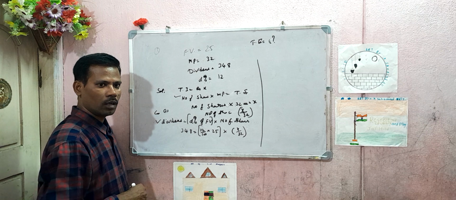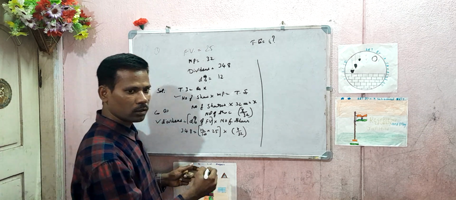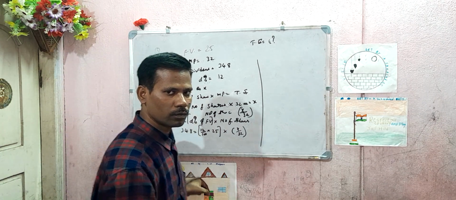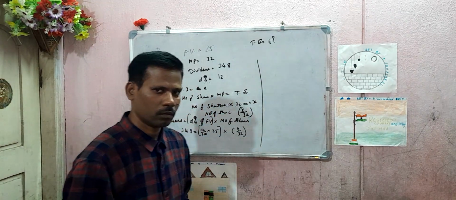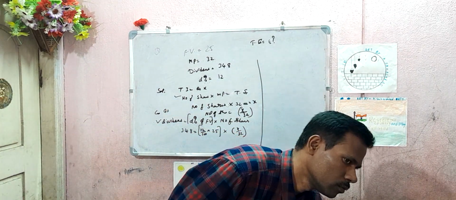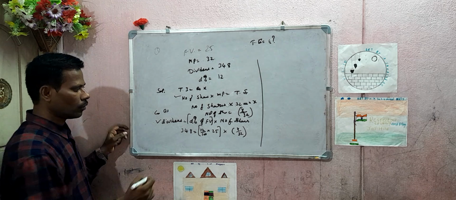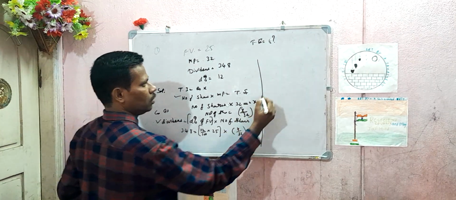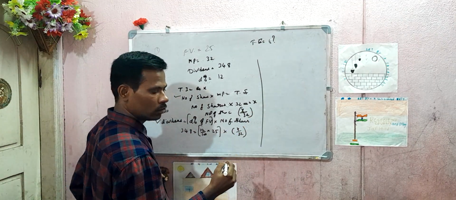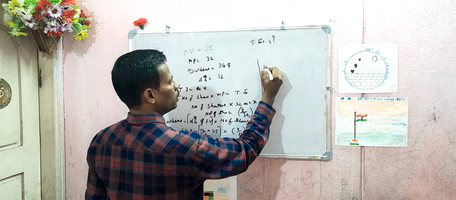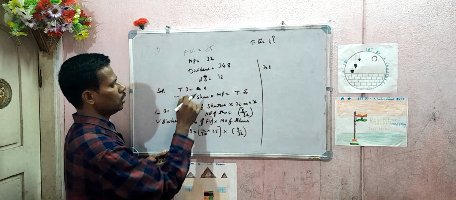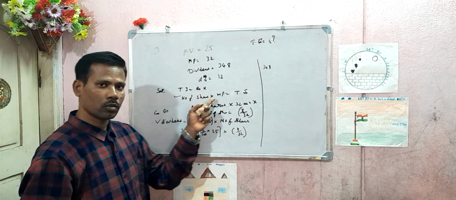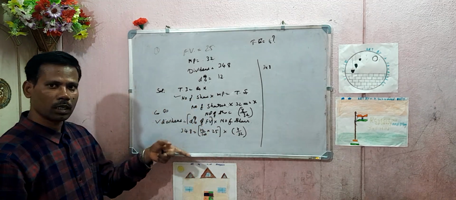So, how to do this one? Now 348 is asking, what is it asking? Total investment. What is the total investment they have put in the company?